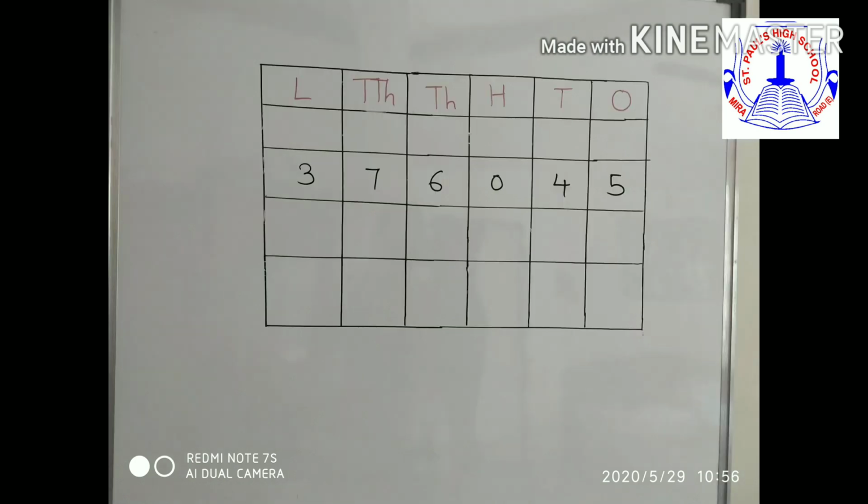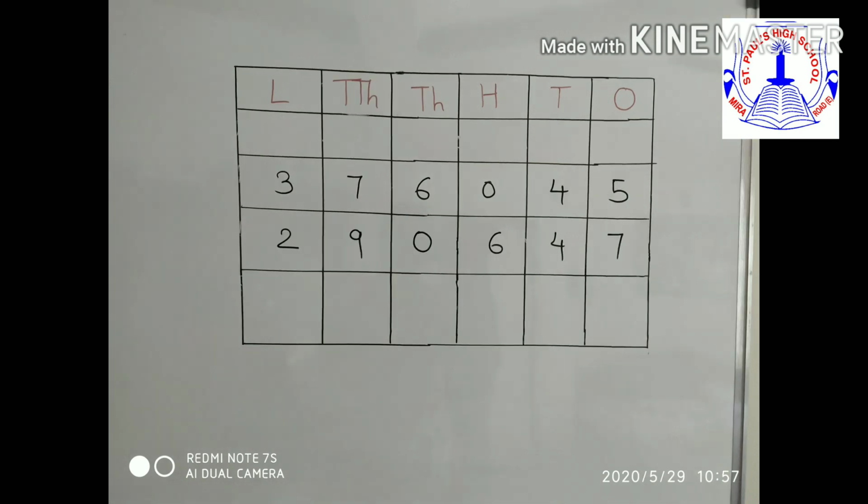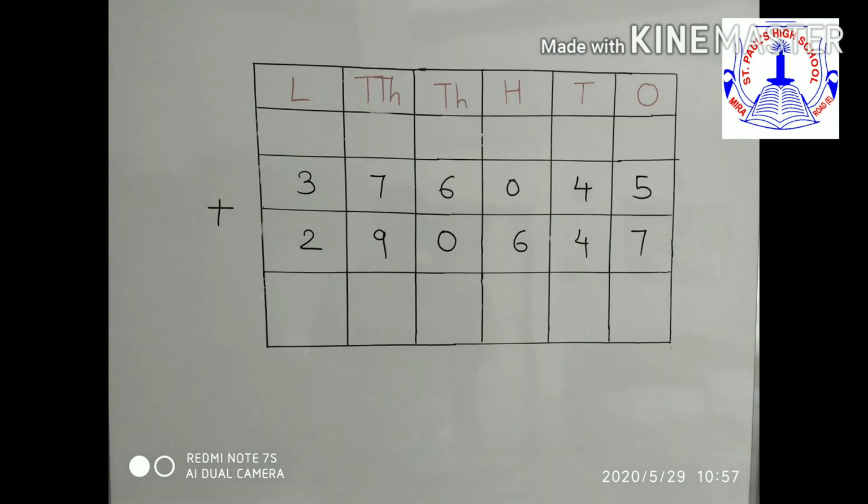Write down the numbers according to their place value, that is 3,76,045 and 2,90,647. And then we have to put the addition sign.